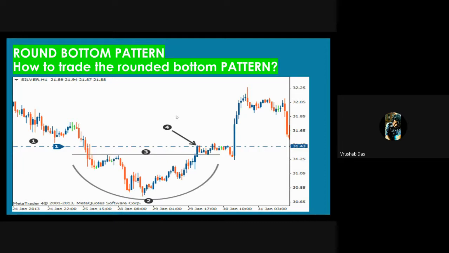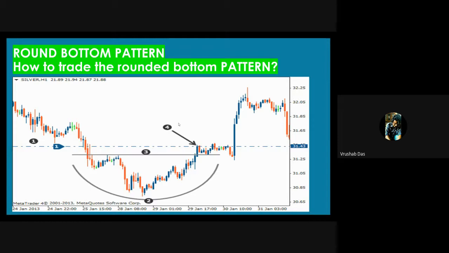The first is a downtrend, the second is the rounded bottom, the third is the neckline, and after that the close of a candle that breaks the neckline. After that we talk about the long entry. The stop loss is placed below the neckline of the pattern, and if the price trades below this point, the probability of the pattern working out decreases.